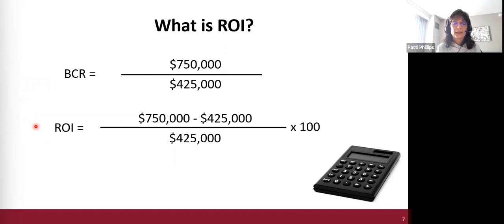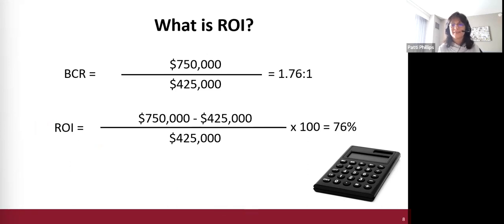Trust but verify when it comes to math. Okay, thank you, Nadia. Okay, very good. All right, good job, guys.